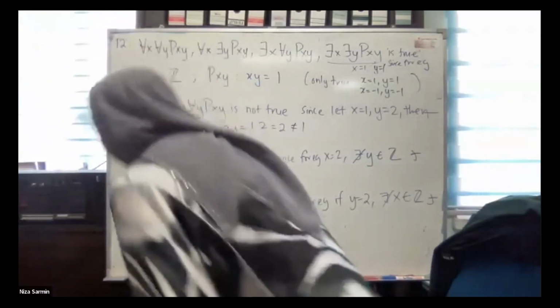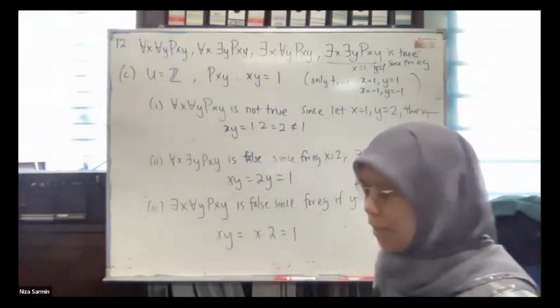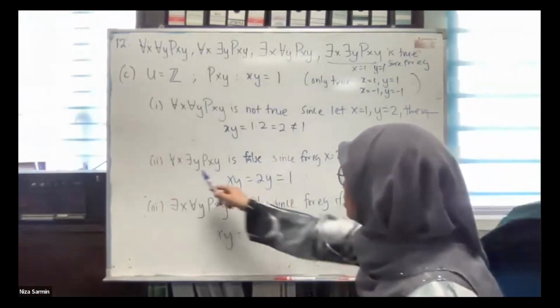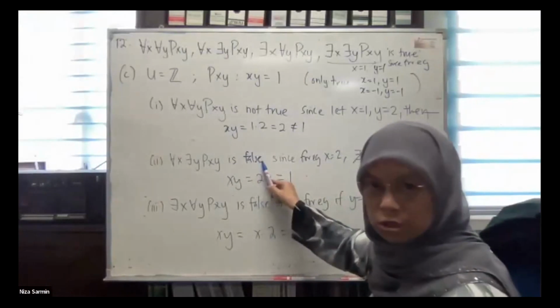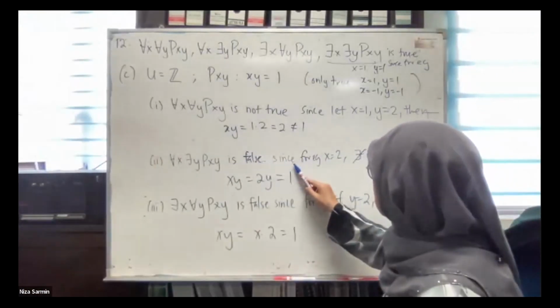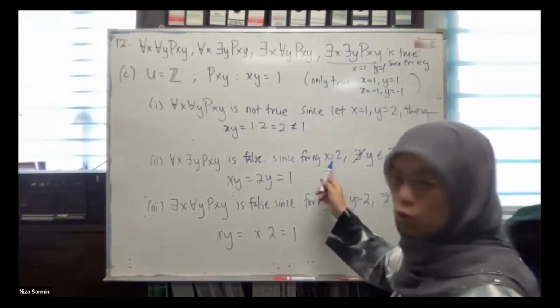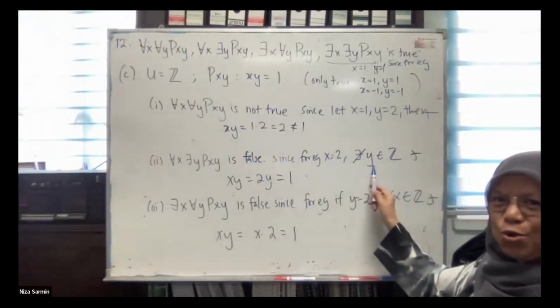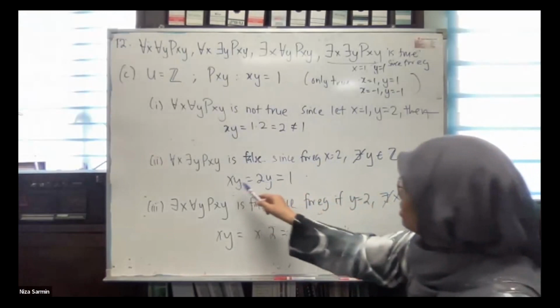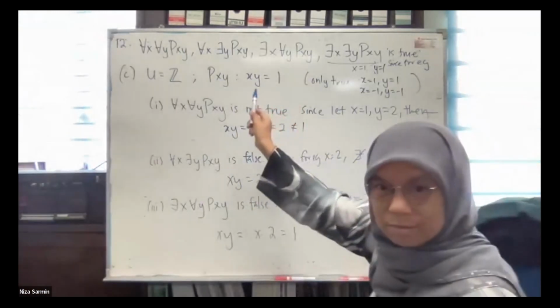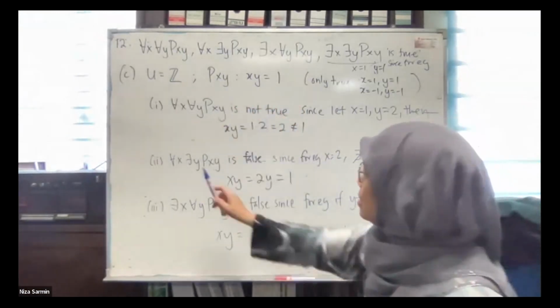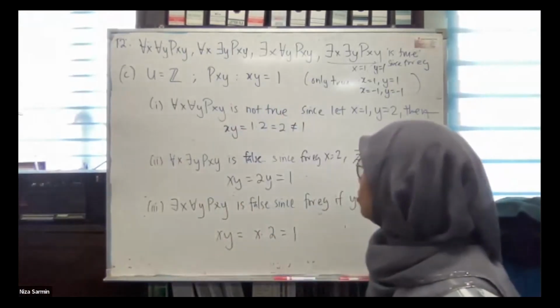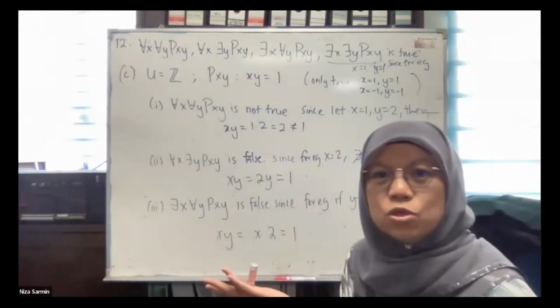Okay. It's not equal to 1 actually, but this is the question. I said this is false since if you let x be 2, there is no y. This is the key. There is no y. You cannot change this because this is the question. They said for all x, I give x is 2.